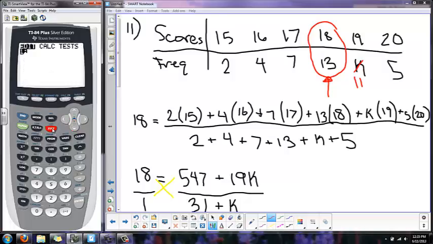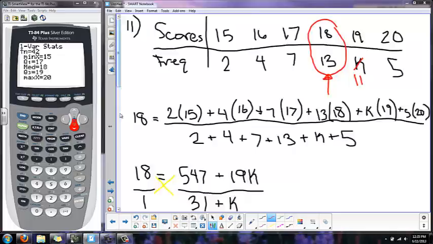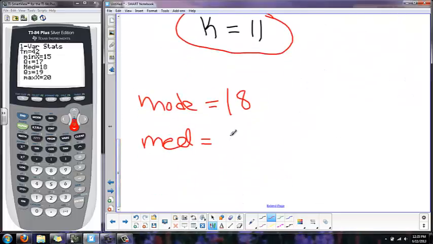And then I'm going to go to Stat, Calculate, One Variable Statistics, and my lists are list 1, comma, list 2, hit enter, and I'm looking for the median, and the median is an 18. So the mean and the median both happen to be 18 for this problem, which is pretty cool.